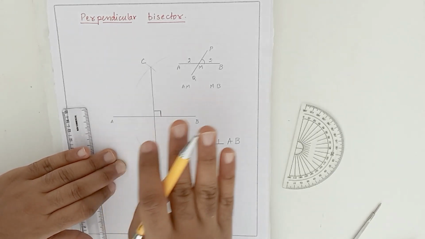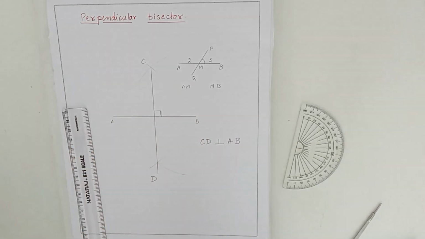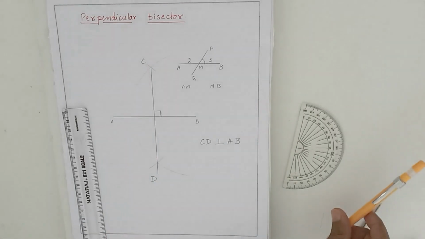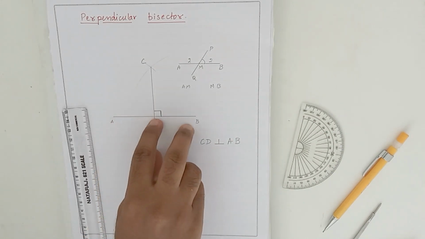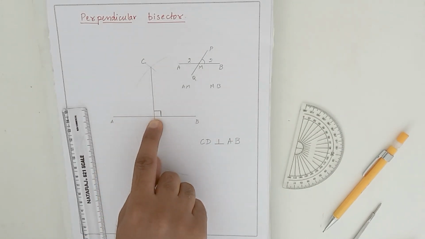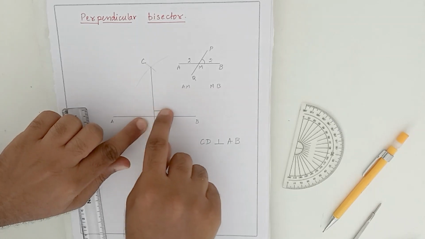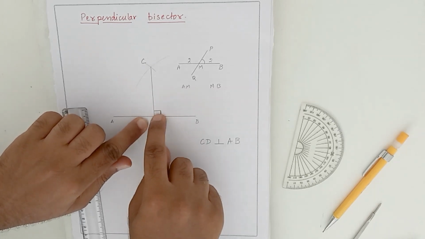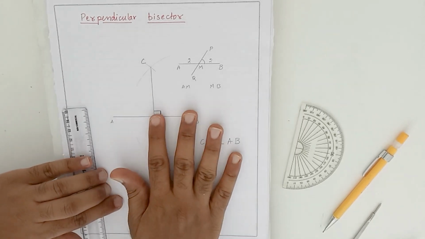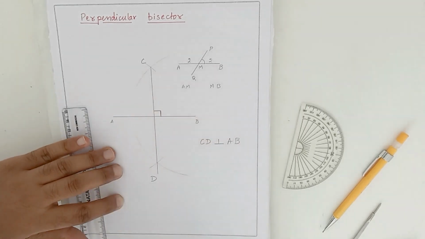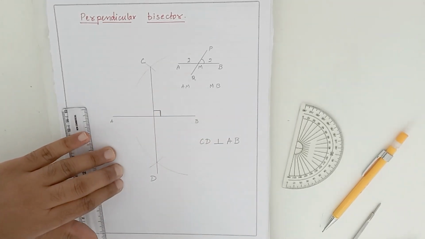This is how you construct or draw a perpendicular bisector. Now you may ask me, sir, why not directly measure this length, find the midpoint, and then take a protractor, measure 90 degrees and draw a line? Of course you can do that, but in this chapter on constructions, sometimes you'll get a heading, without using a protractor draw a perpendicular bisector.